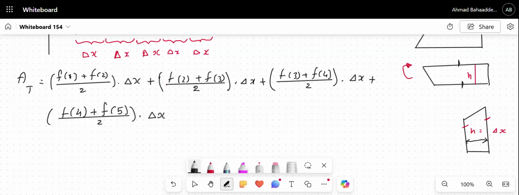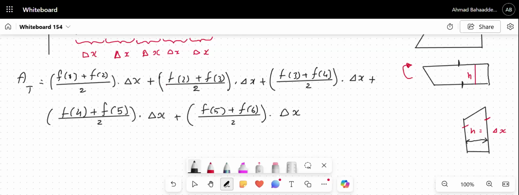And then the last one is f of 5 plus f of 6 divided by 2, and I close the bracket and multiply that by delta x. So basically, this is the area of the trapezoids we have.